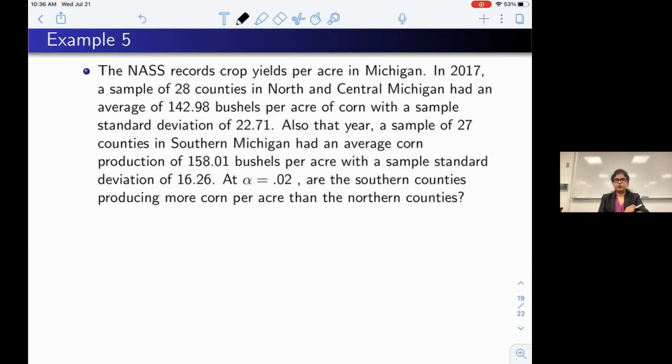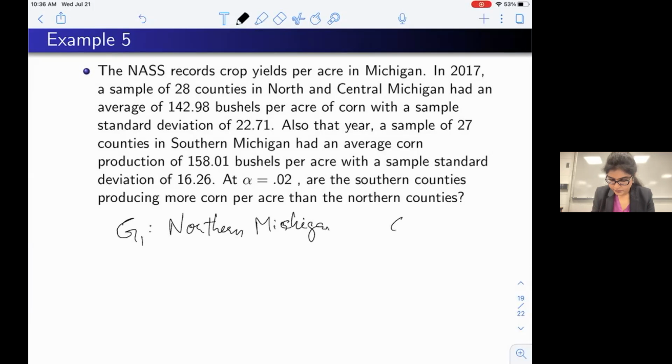Now we have two groups. You have to choose which group you are assigning as group 1 and group 2. Group 1, I am calling Northern Michigan, and group 2 is Southern Michigan.